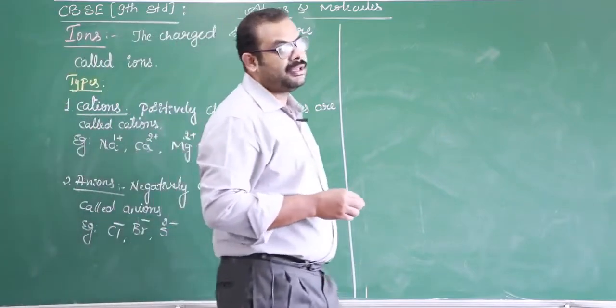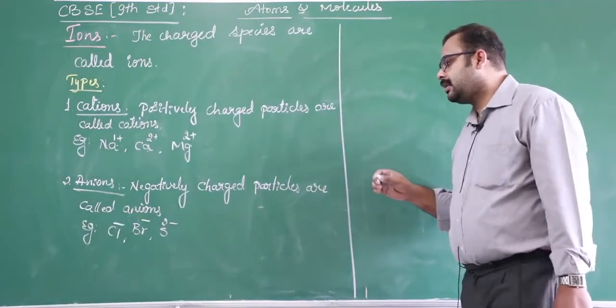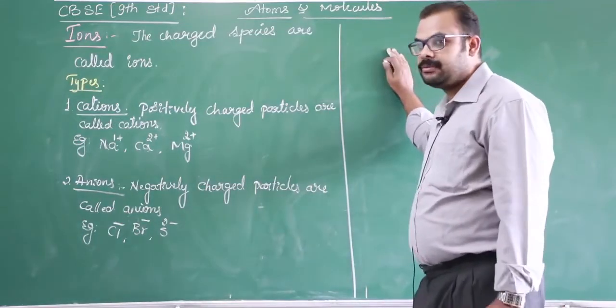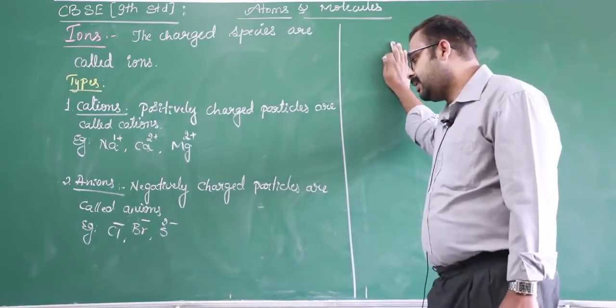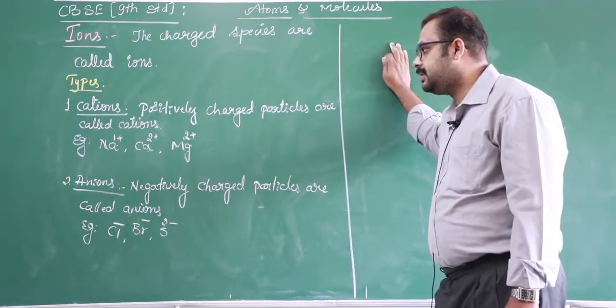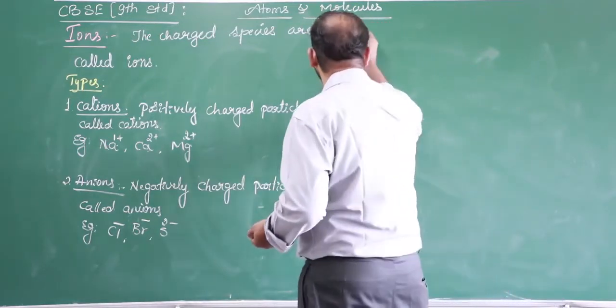Some elements group together, and they may have either positive charges or negative charges. These groups of atoms having charges are called polyatomic ions.